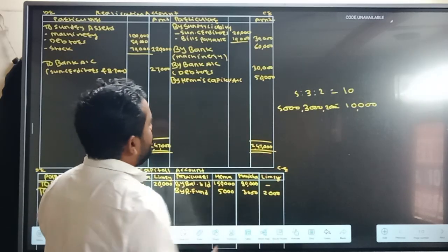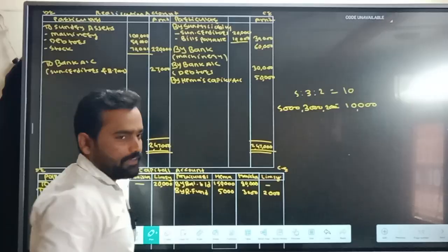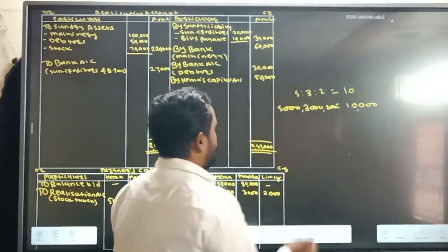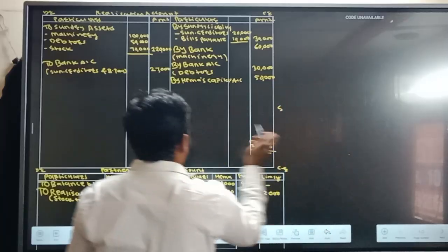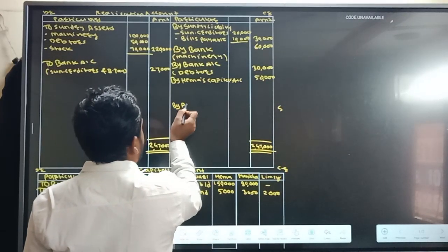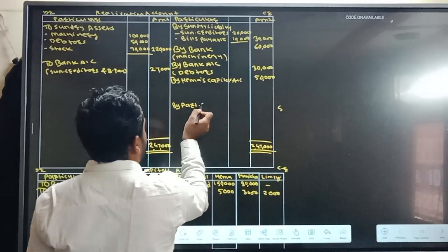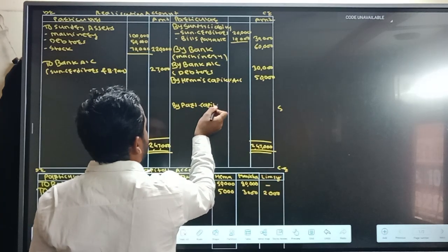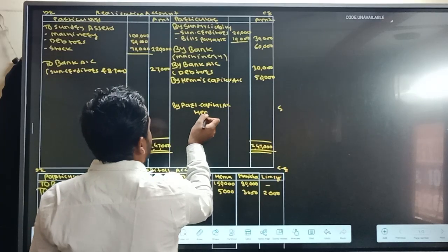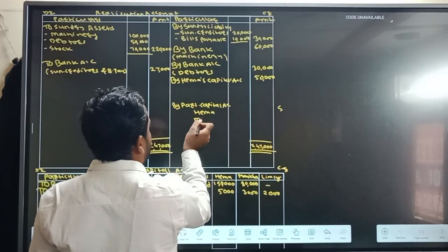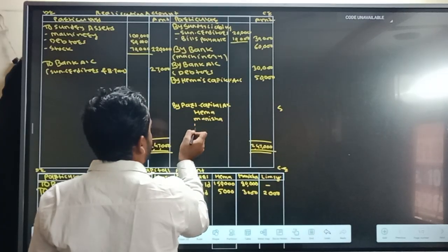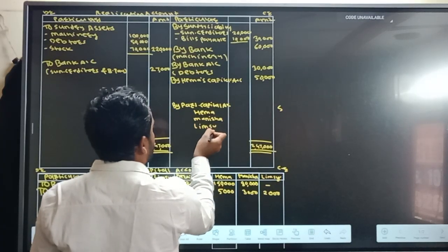Then calculate the difference and write it here by partners' capital accounts: Hema, Manisha and Limsi.